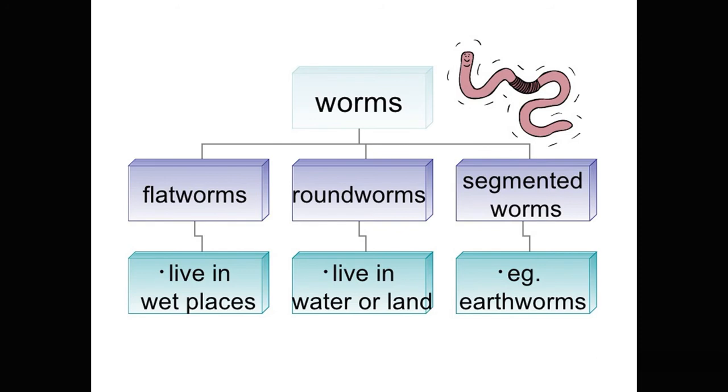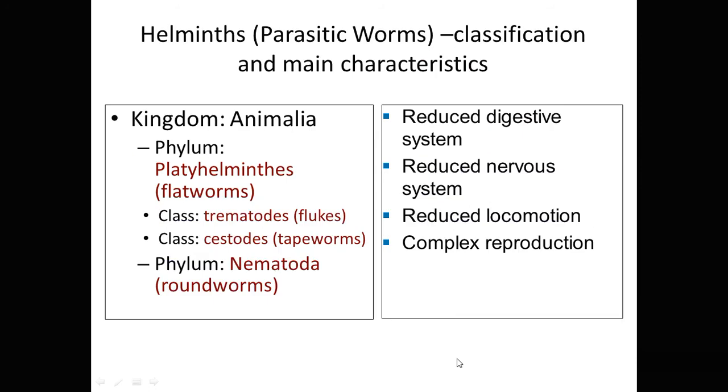And we have several groups of worms. We have flatworms, roundworms, and segmented worms. Flatworms and roundworms are associated with diseases in humans. So helminths, parasitic worms, belong to kingdom Animalia.